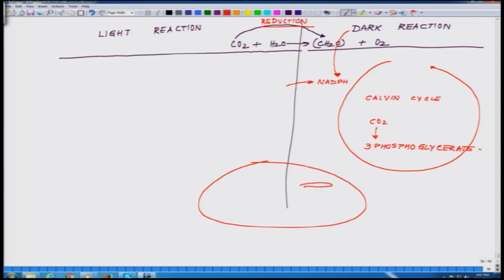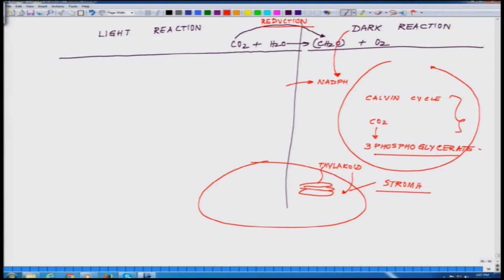So, within the chloroplast, and we will talk about this structure, you have this thylakoid membrane, but essentially this kind of reaction, the dark reaction, is taking place outside it, which is also called the stroma of the chloroplast.